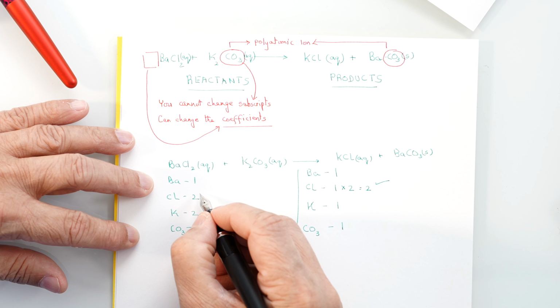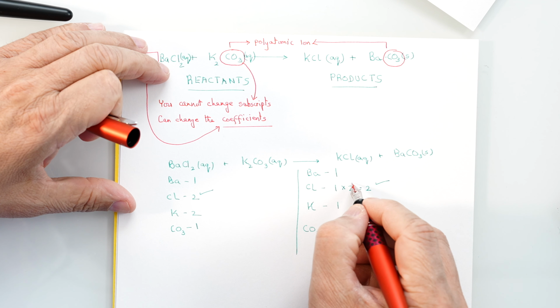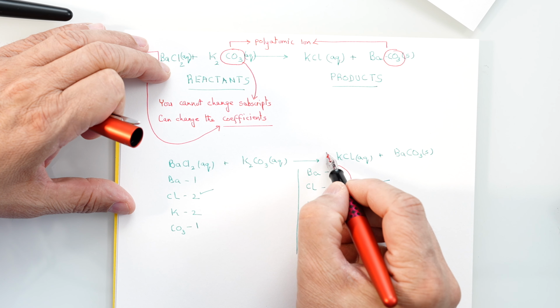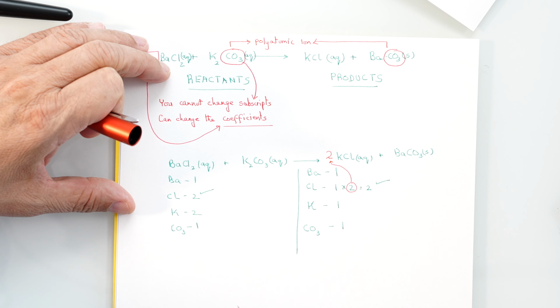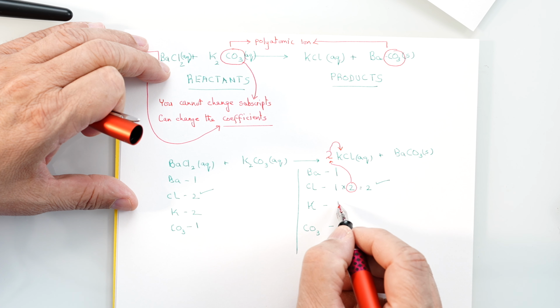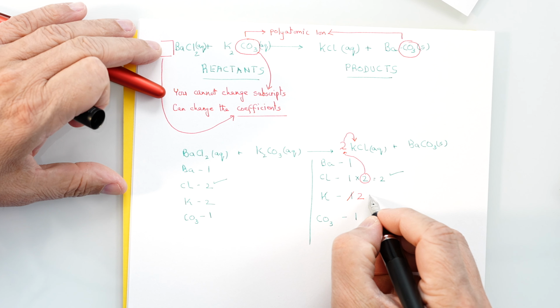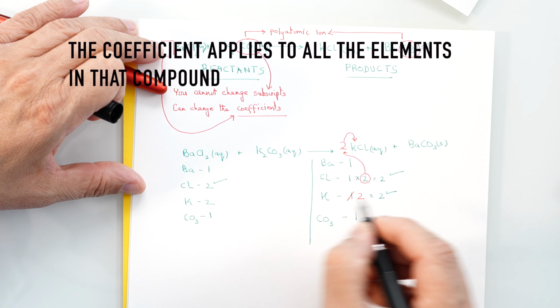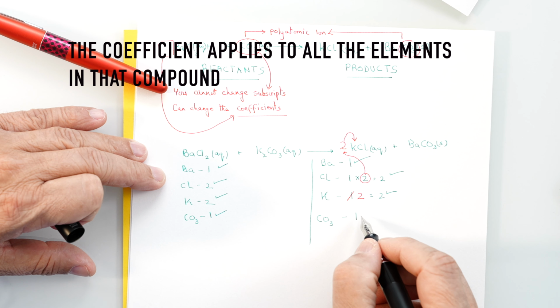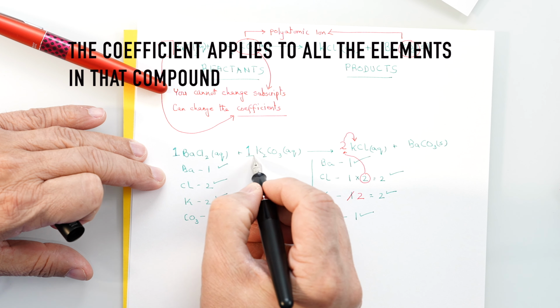So this is balanced. The multiplication factor here for the chloride ion makes its way right in front of the potassium chloride, right there. Now this applies to the potassium as well, in addition to the chloride ions. So we're going to make this 2. And right here, we've got 2. So this is balanced as well. Bariums are balanced, and the carbonate ions are balanced. 1, 1, 2, 1.